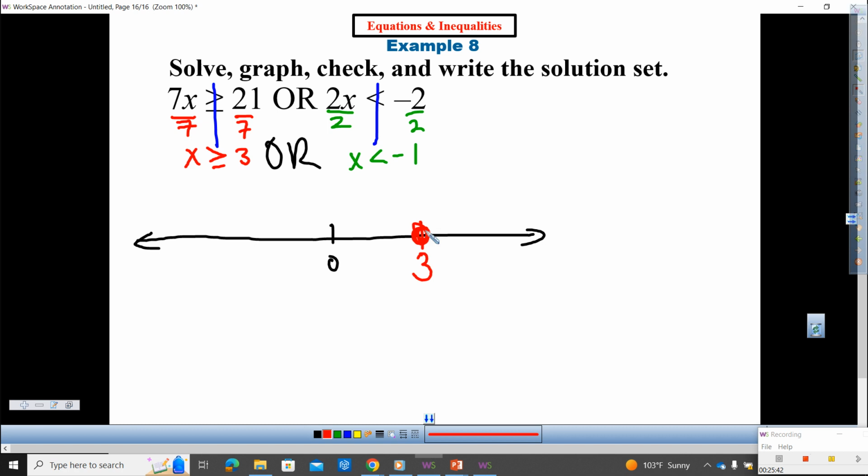And we're going to test what number? 0. So is 0 greater than or equal to 3? Is 0 greater than 3? No, so I don't go towards 0. I go to the opposite direction. Yeah, because this is not true, right? This is false. So instead of going towards 0, I go the opposite direction.